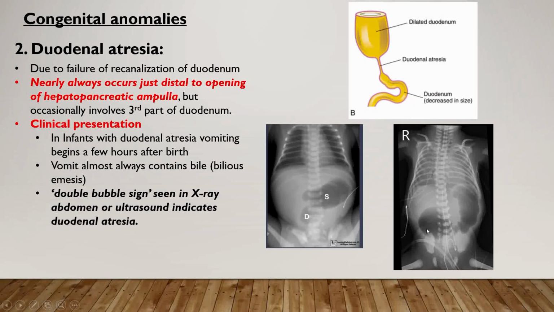So you can see double bubble sign. So how to differentiate between congenital hypertrophic pyloric stenosis and duodenal atresia? In the former, there will be projectile non-bilious vomiting, but in case of duodenal atresia, the vomiting will contain bile.